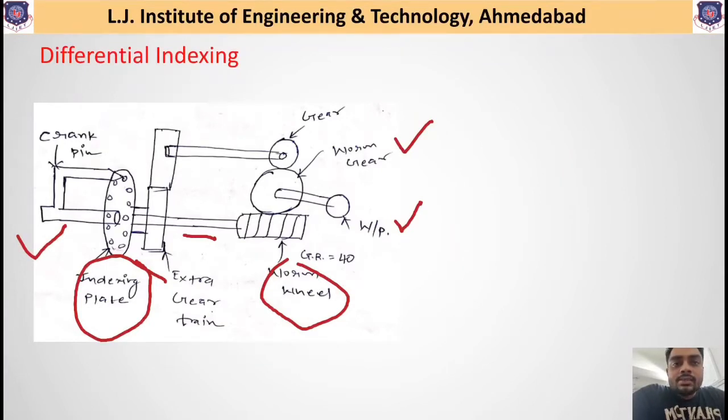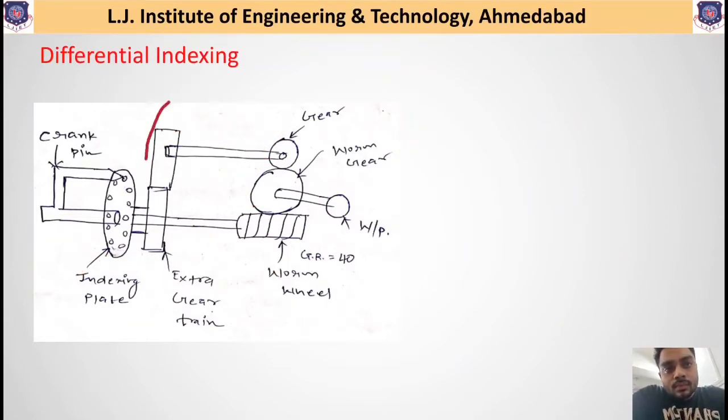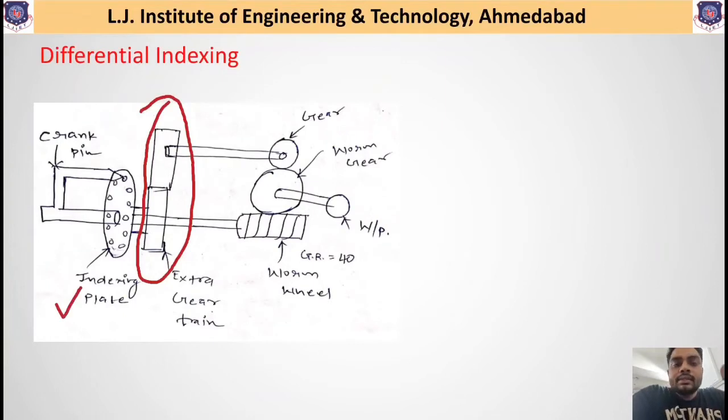But in addition to that, in this assembly certain other gears are also available, which you can see. This worm gear is connected to another gear, and this gear is coupled to another gear train which is shown over here, and this is the main gear train, and this gear train is directly coupled to this indexing plate.